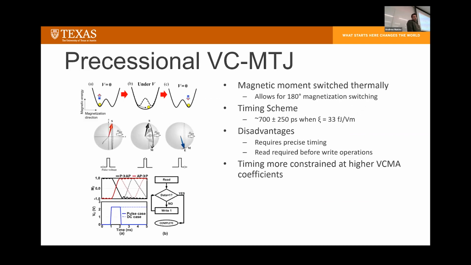The other form of VCMTJs is precessional, which basically means the magnetic moment will switch thermally, with a 180 degree magnetization switch no matter what type of bit is stored inside the MTJ. Because of that, you're able to achieve a sub-nanosecond timing scheme in the writing.